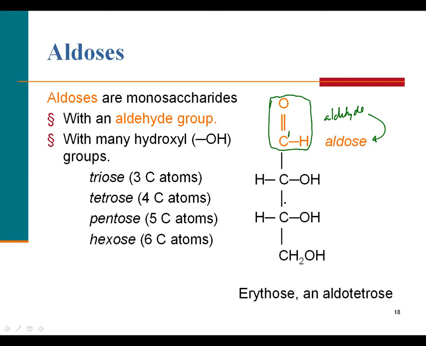Number 2, number 3, and 4. So this is a tetrose, and that's what this name refers to, an aldotetrose. Aldo meaning it has an aldehyde group on it. Tetrose meaning it has 4 carbons. Triose would have 3 carbons, pentose would have 5, and hexose would have 6 carbons.